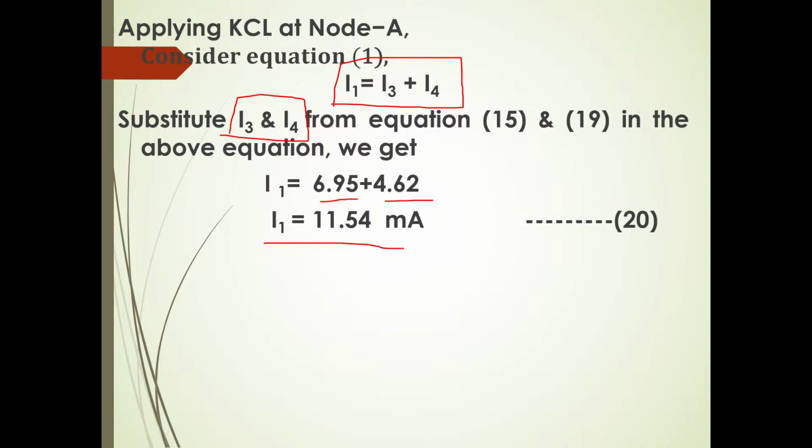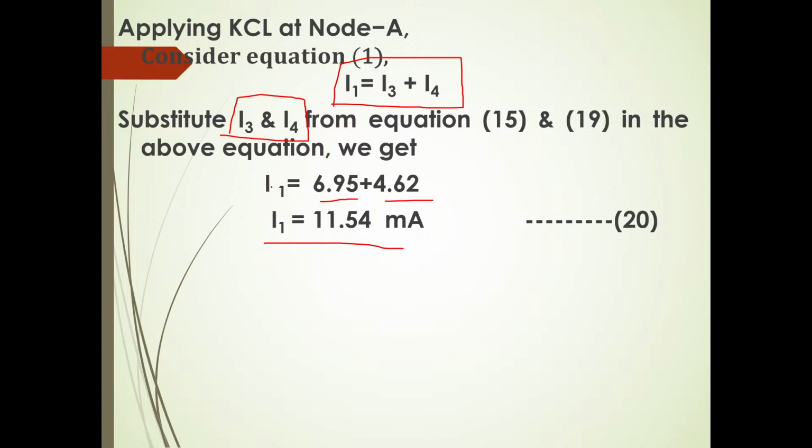Why are we not using nodal equations to determine the I1 current? For all the other currents we have used nodal equations, isn't it? Here we are not using nodal equations. Why? Because there is no need to determine the node voltage at node A, because the source voltage is directly connected to node A. Therefore, if you want to determine I1, simply by simplifying the circuit, you can determine the I1 value.